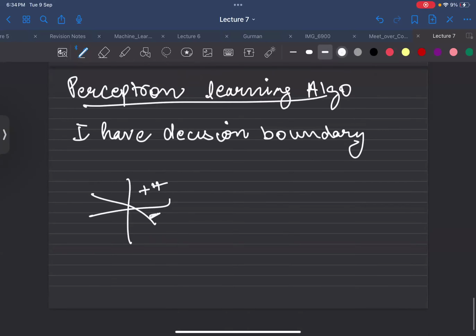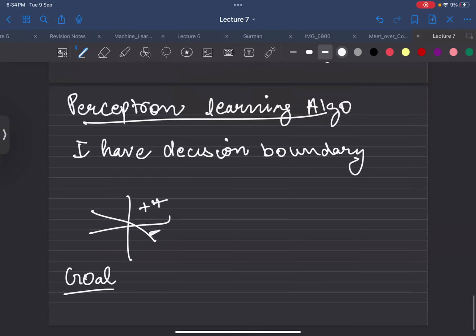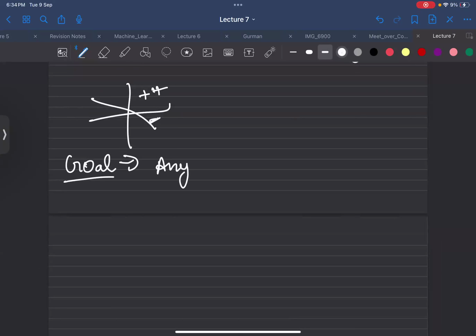So what is the major goal in perceptron learning, which can come again in an MCQ, Bhavna? Any points that are misclassified. Can someone again tell me what is misclassified? Come on.